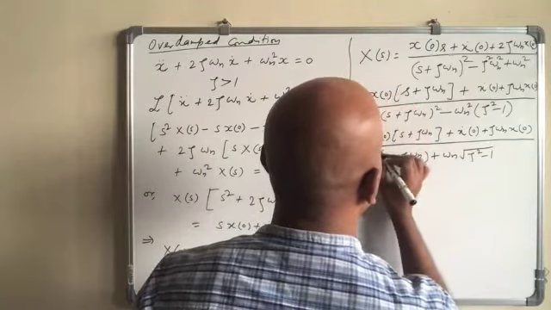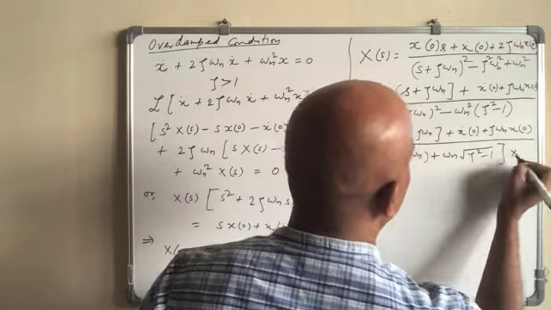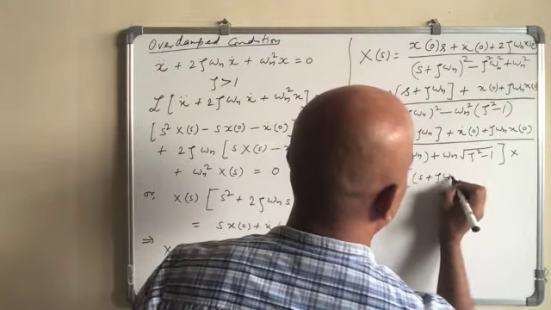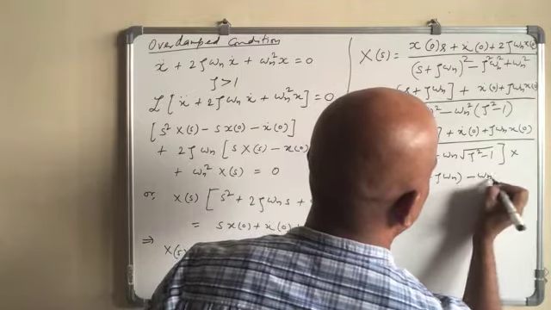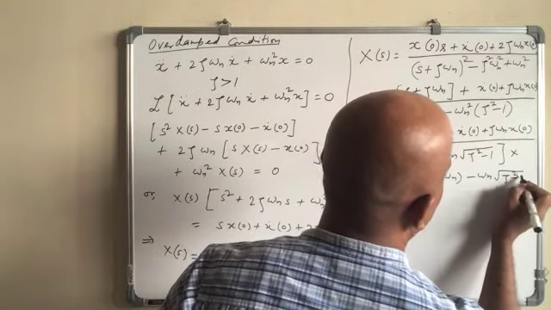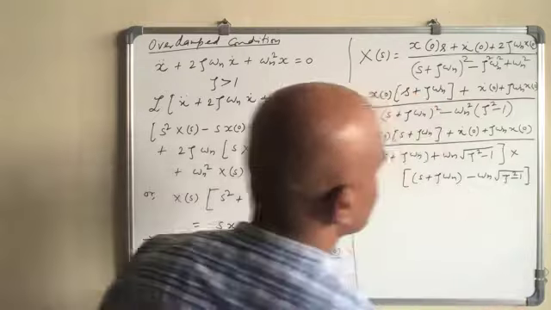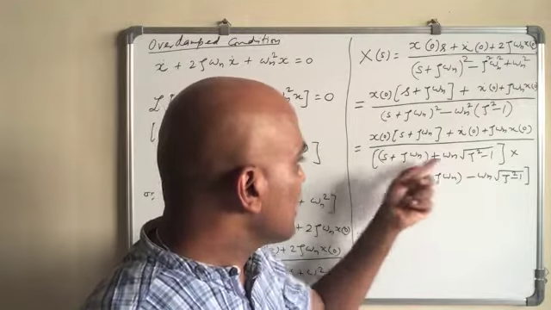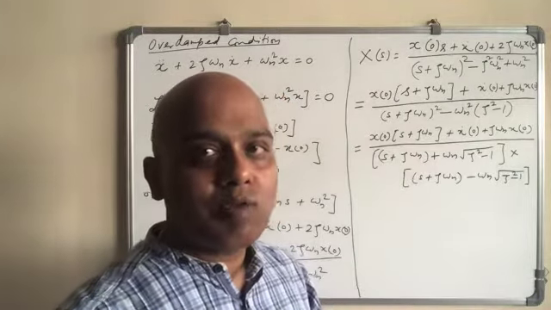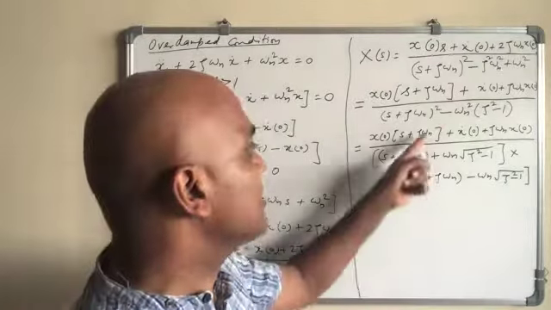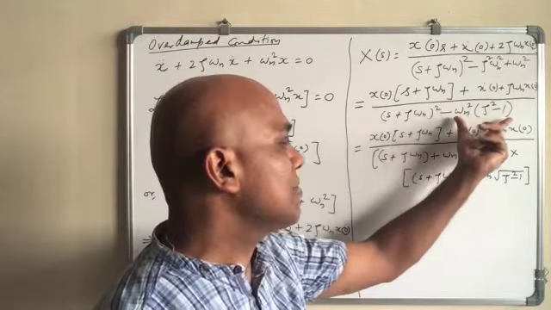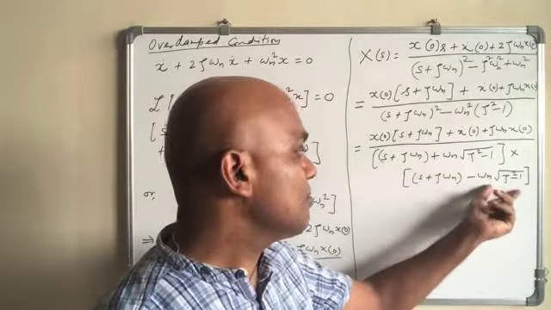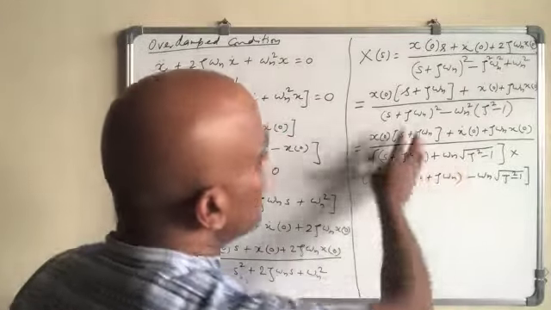This will be one term, multiplied by s plus zeta omega n minus omega n root zeta square minus 1, like this. Plus and minus, this becomes a plus b multiplied by a minus b, you get a square minus b square, the same kind of thing. So we got this form now.